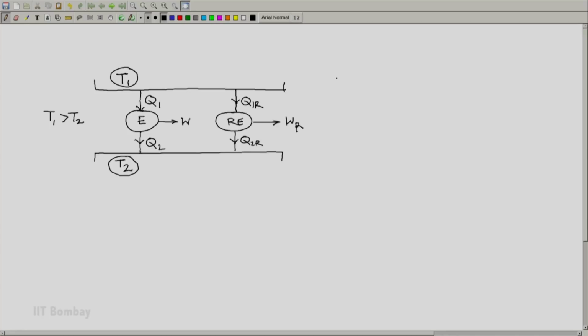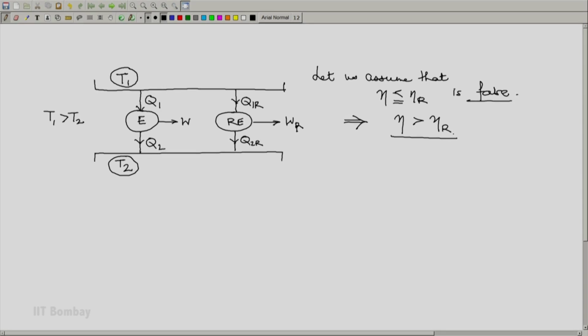So to prove Carnot theorem, let us assume that eta less than or equal to eta r is false. This implies that the efficiency of our engine E must be higher than the reversible engine. Now let us see the consequences of this.